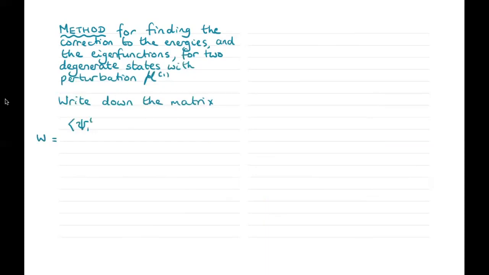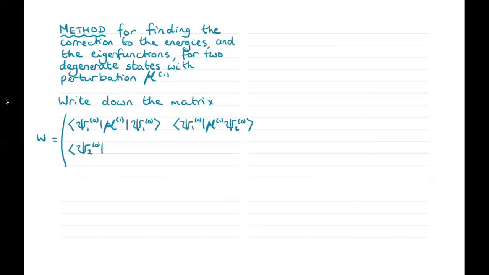Its elements are the integral of psi 1 of 0, the first zeroth order wave function, with the first order correction to the Hamiltonian, H1, psi 1 of 0; psi 1 of 0, H1, psi 2 of 0; and then psi 2 of 0, H1, psi 1 of 0; psi 2 of 0, H1, psi 2 of 0.